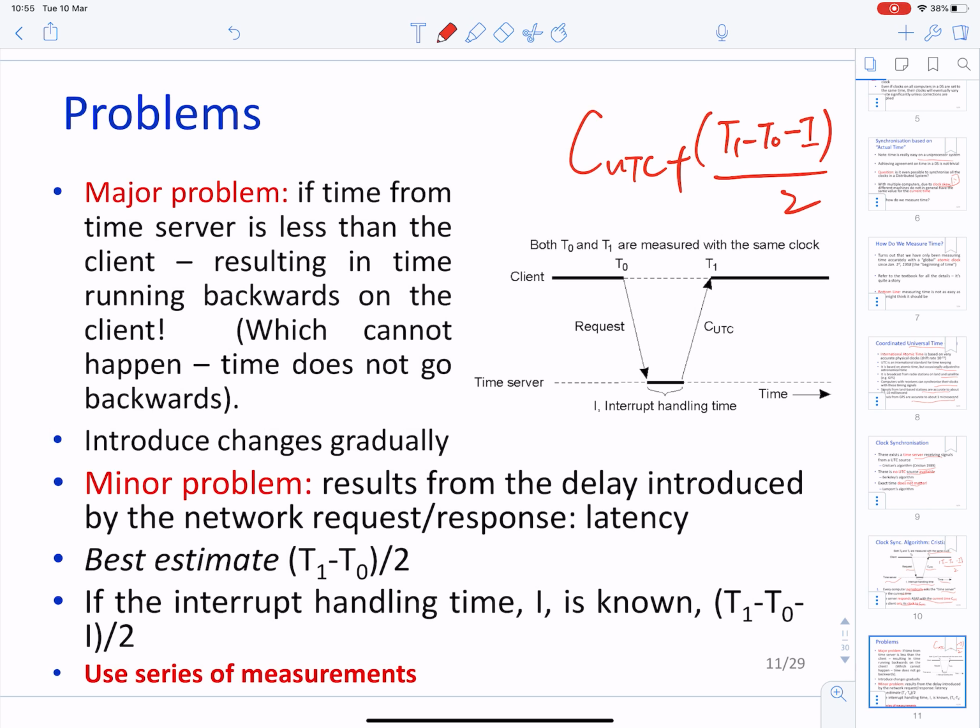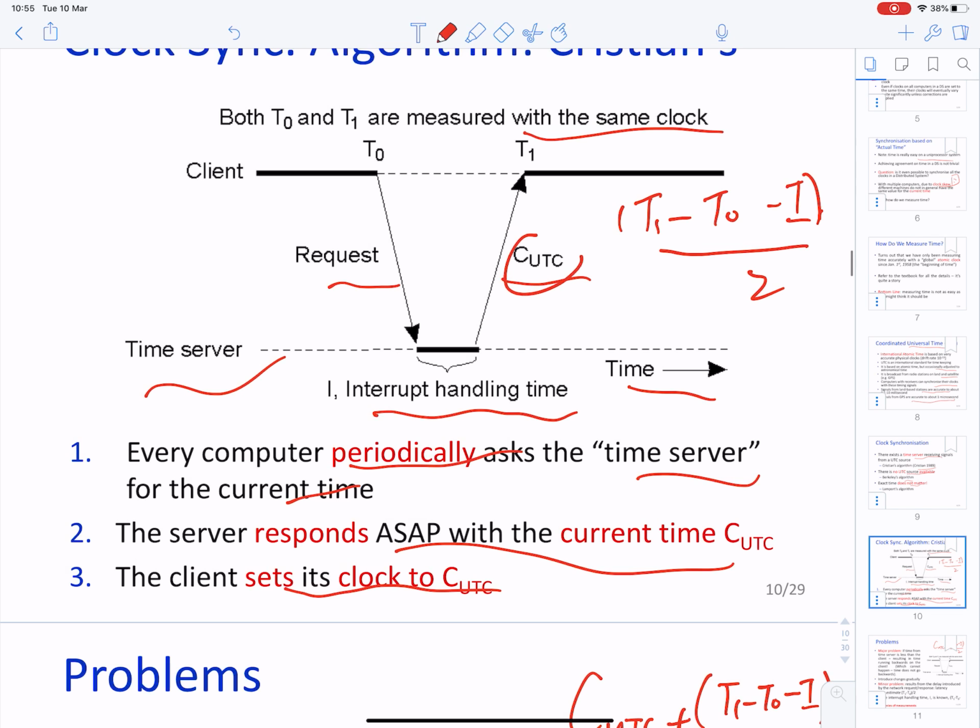It's very simple to see that if we want to estimate this time, we just use the local time minus this time, divided by 2, and we get the time delay.